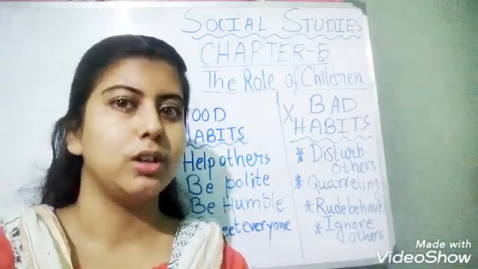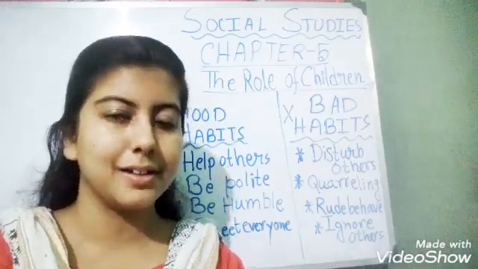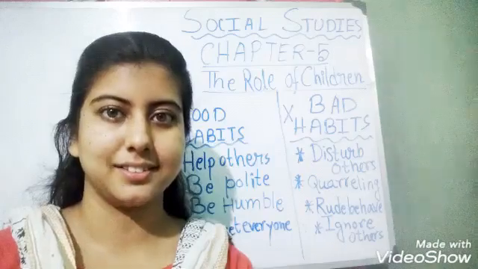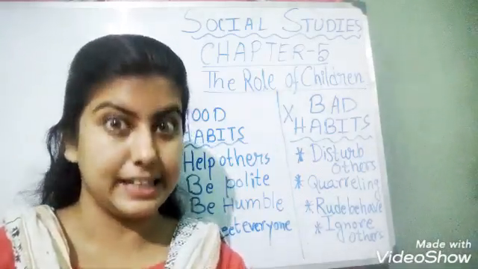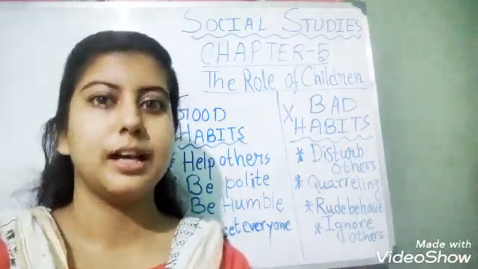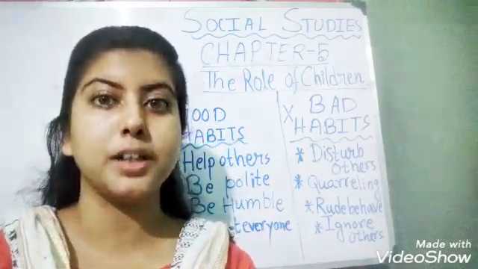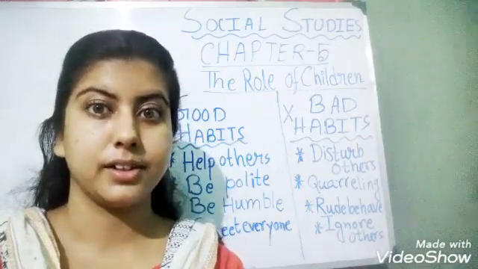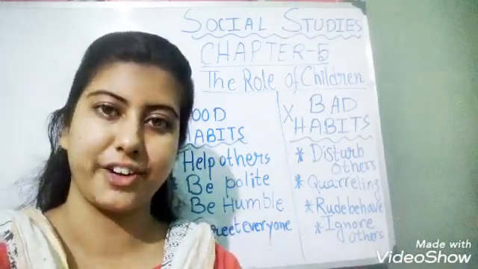The room looks the same, but there is something different. What difference is there? Let's look. Children, please open page number 24 and 25. I will show you the difference.